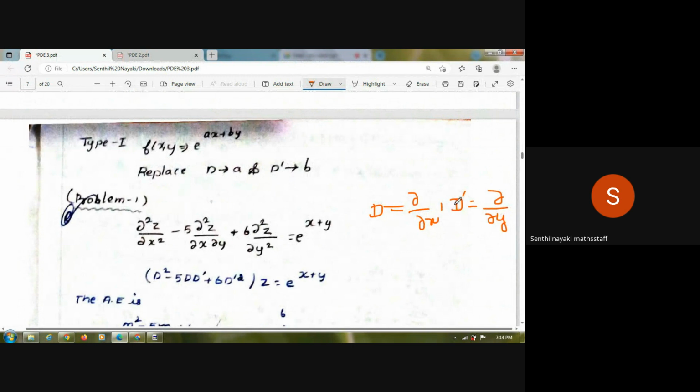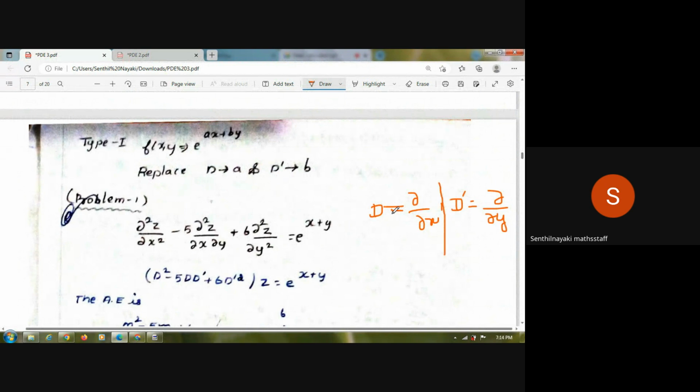Please do not misunderstand. This is D, this is D dash. It is also a differential operator, equal to the partial differentiation with respect to y. This is the partial differentiation with respect to x.